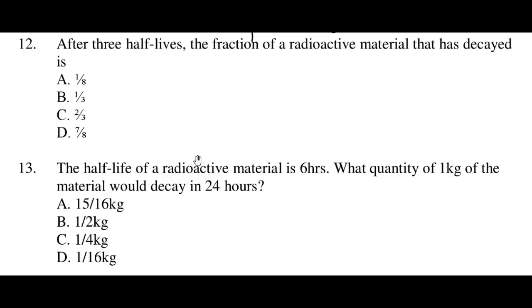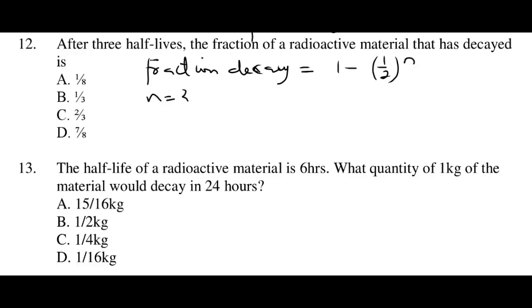Okay, so question 12. After 3 half-lives, the fraction of a radioactive material that has decayed is dash. Now remember that I gave you the formula for fraction decay. Fraction decay equals 1 minus half to the power of n.